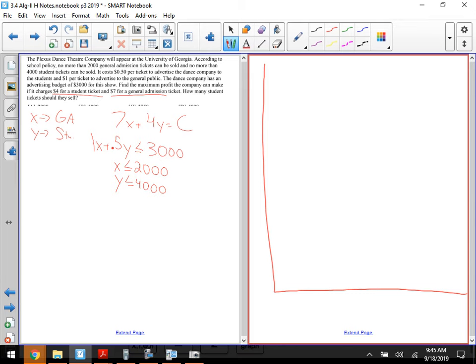Divide by 0.5, you get 6,000. That's where most people will make their mistake in this problem, especially when you deal with money, when you have 50-cent stuff. You have to remember that this means it's half a dollar. So if you're dividing by half, you are multiplying by its reciprocal. It's one of those tricks there, okay? So when you think through it, remember what that means. It means half of what is 3,000, okay? So you have a 3,000 for your x and a 6,000 for your y.